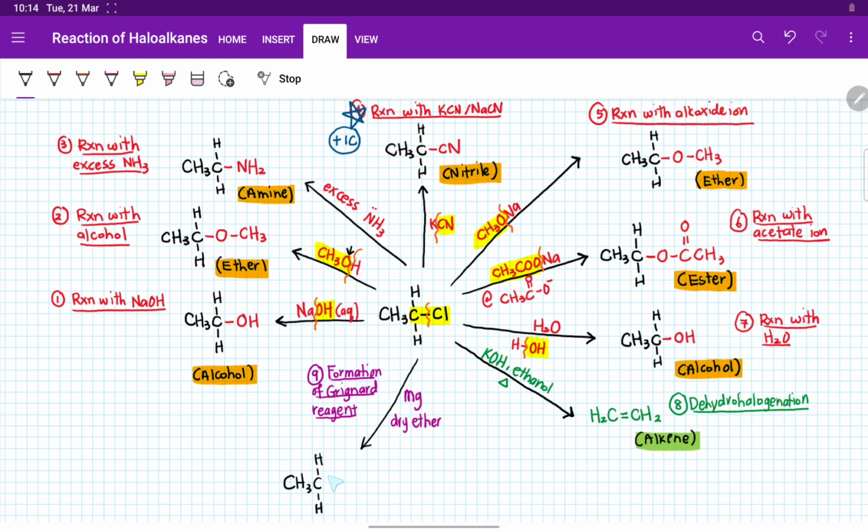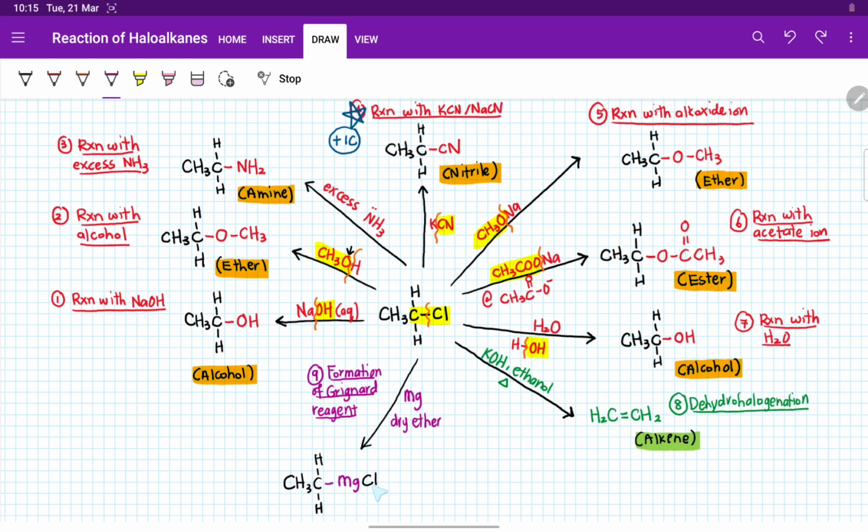So this carbon, instead of bonded to chlorine, so it will initially first bonded to magnesium terlebih dahulu. So bila dia bonded kepada magnesium, and then dia akan bond balik kepada chlorine dekat sini. Atau selalunya kita just buat macam ni je lah. So MgCl. Tapi kita buat macam tadi lah. So this is the structure of your Grignard reagent, yang mana kita rearrange dekat sini.